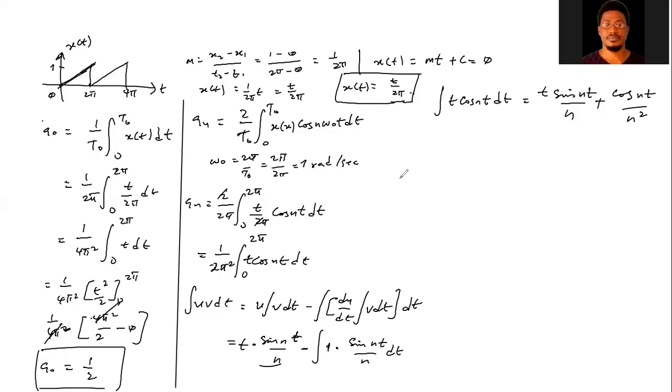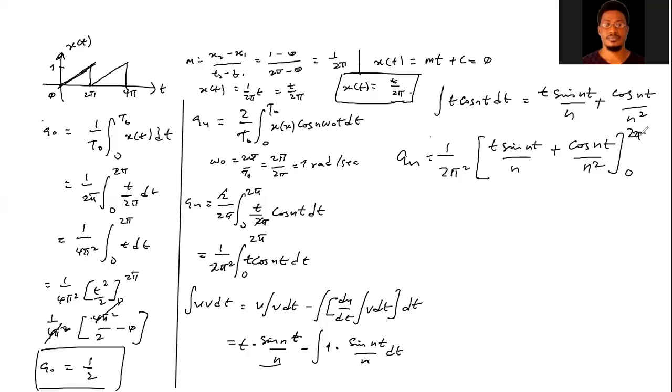So we now have a_n to be the same as 1 over 2π squared [t sin nt over n + cos nt over n squared] from 0 to 2π.